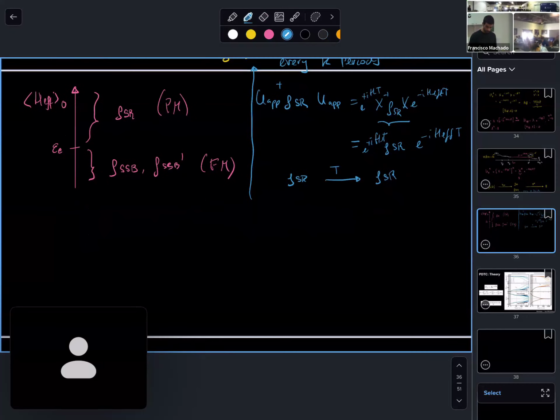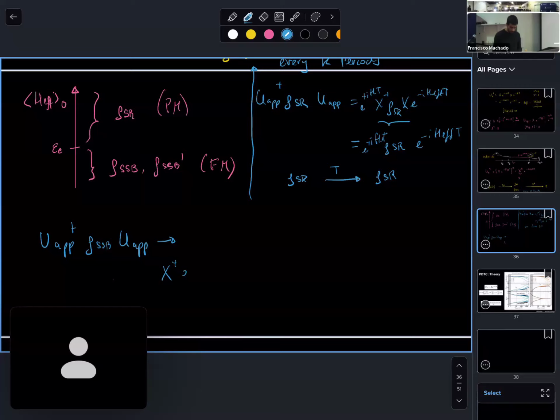Okay. But if I'm in the symmetry broken phase, I'm not necessarily going to write everything, but the crucial aspect is that when I act with this X operator, it's effectively going to flip me between the different symmetry sectors.